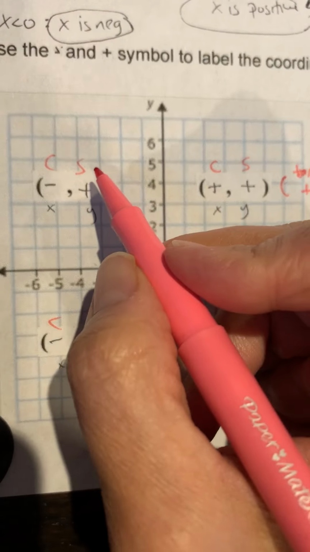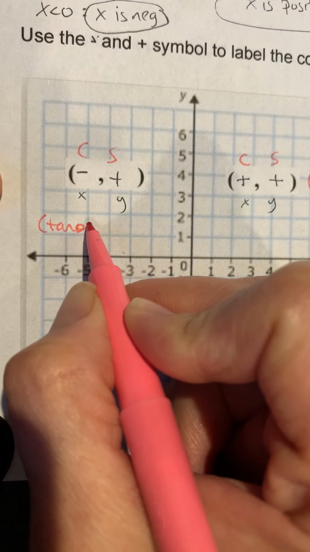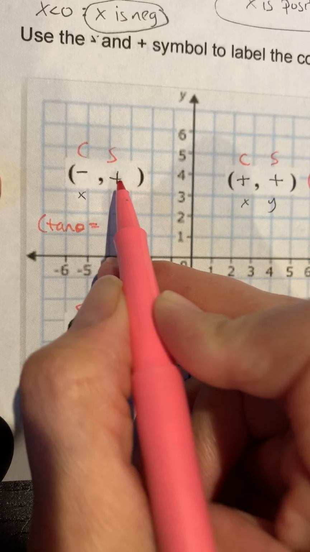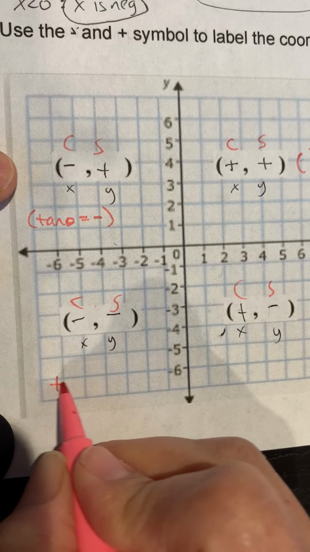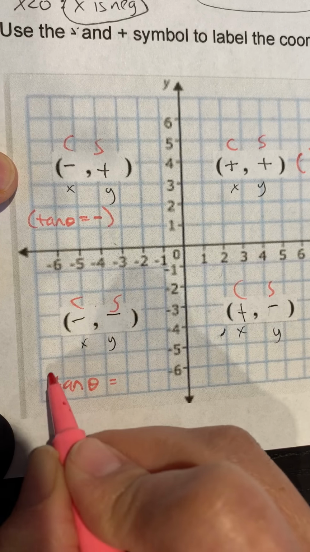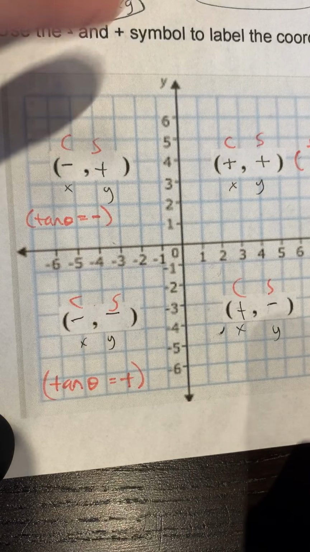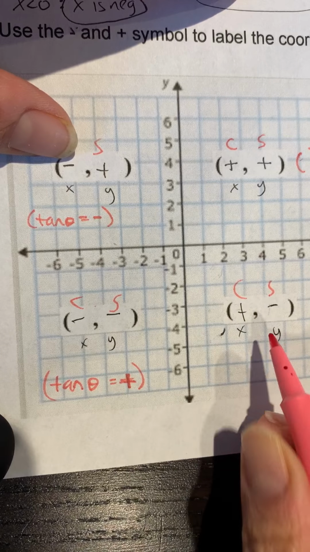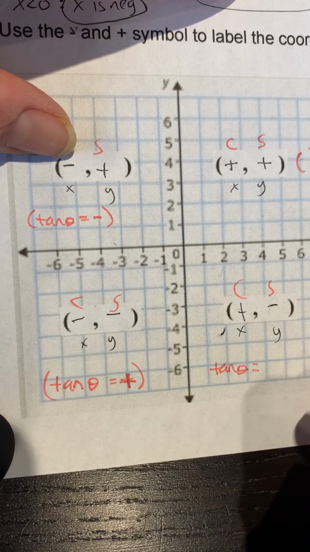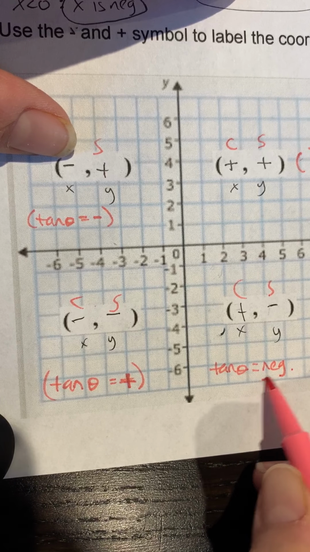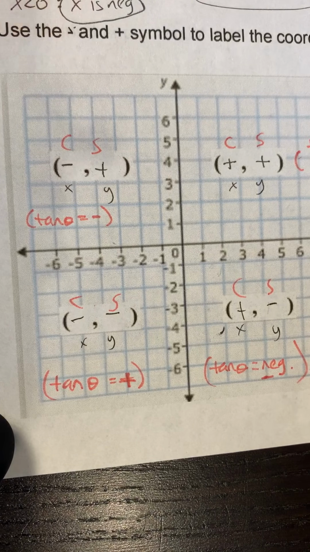Here, CS, and you can make a little note, tan of theta would be, since they're different signs, negative. And over here, tan theta would be, since it's negative over a negative, positive. And over here, tan theta, since it's a positive over a negative, would be negative. You can just write the word positive too. That's fine too. Okay.